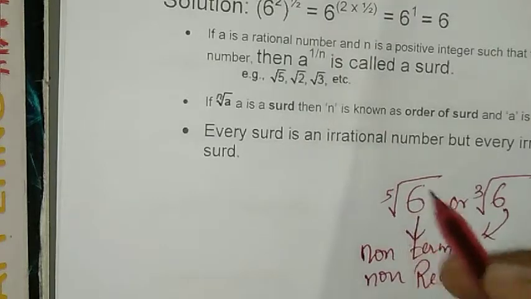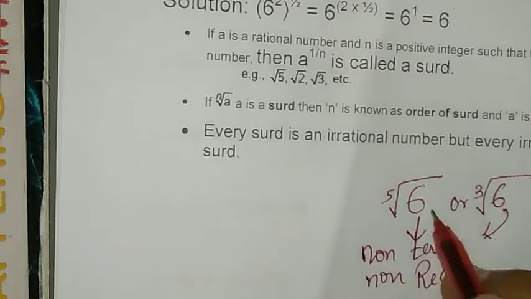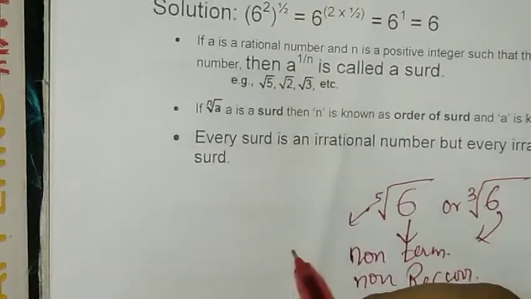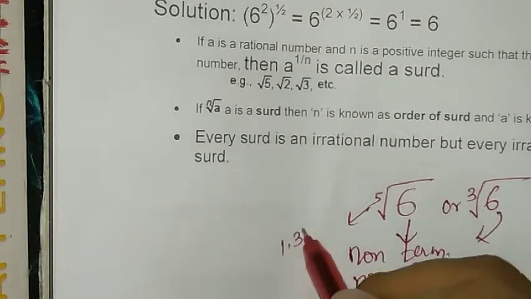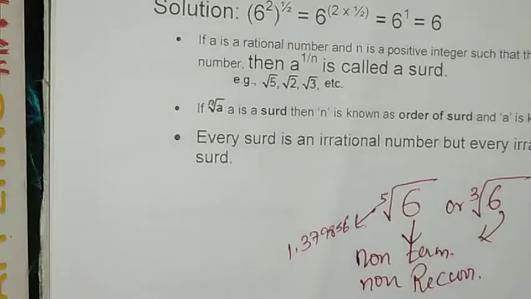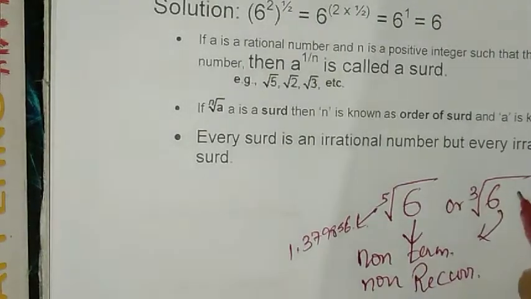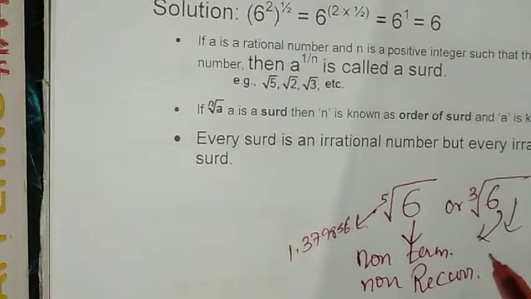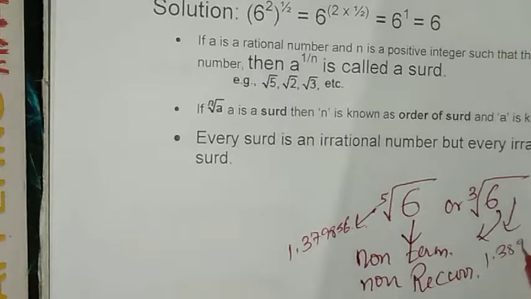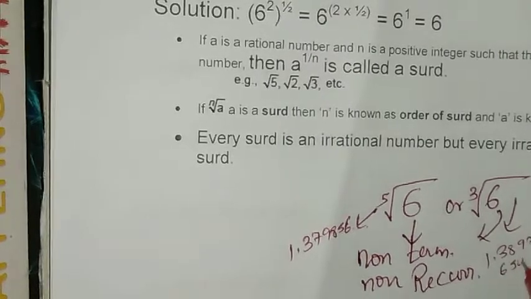Then this entire number is called a surd. Suppose this value came out, I'm just approximating, 1.379856 dot dot dot, and your cube root of 6 came out to be 1.3897654 dot dot dot.